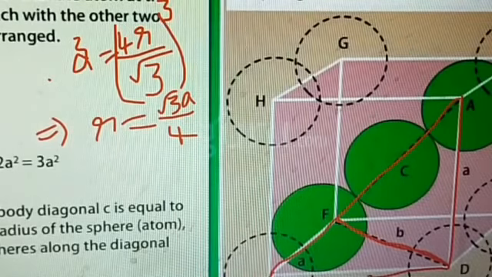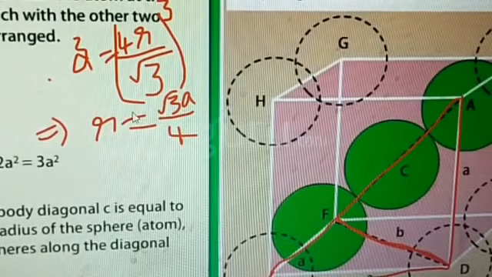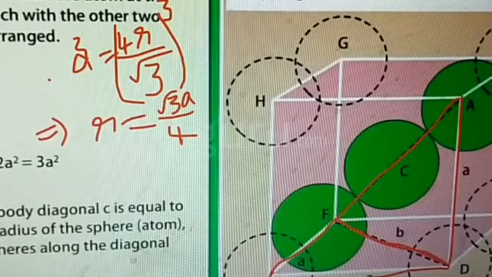So packing efficiency means nothing but the volume occupied by two spheres in the unit cell by the total volume of the unit cell into 100. So see here, this is the space occupied by the atoms in one unit cell.